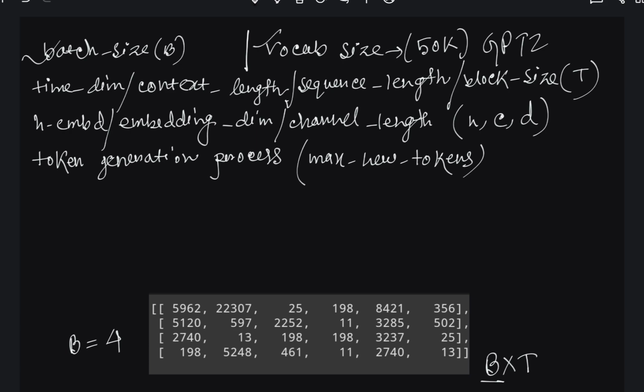Then we have this concept of the time dimension, which we can also call the context length, the sequence length, or the block size, which we denote as T. This is the maximum number of tokens the LLM can consume at a time. You can see here we have 6 tokens for every row in this record: 1, 2, 3, 4, 5, and 6.